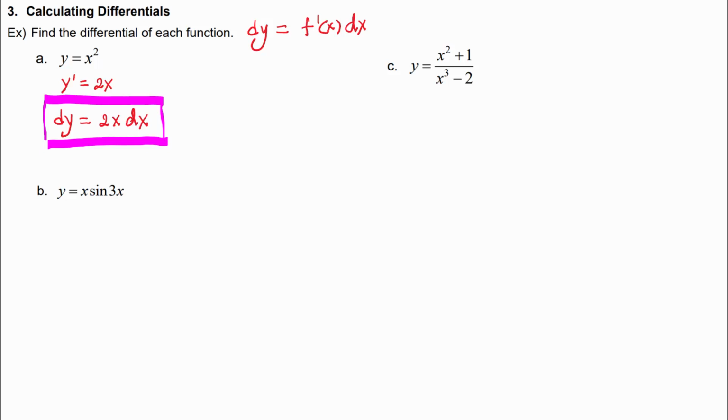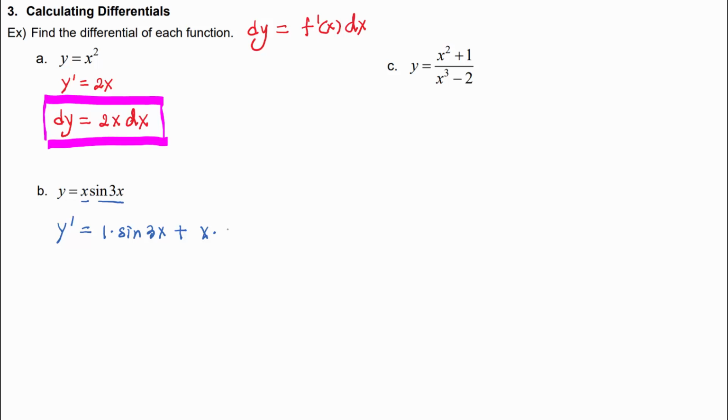Second one, I want to get the y prime, and because it's a product of two functions, you have to use the product rule. Take the derivative of x, you get 1 times sine of 3x plus x times the derivative of sine 3x. And since sine 3x is a composition of functions, I need to use the chain rule.